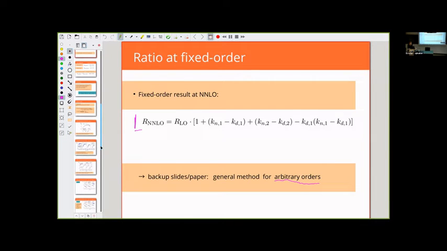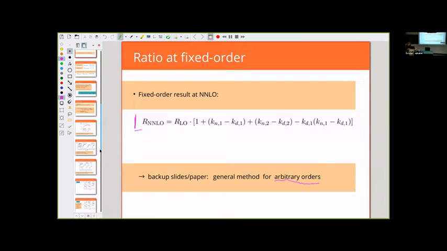When you take ratios, and we know this very well from cross sections with jet vetoes and so on, if you just do a scale variation, you typically get too small uncertainties. So I think this is a way to probe this. Do you understand this correctly, Markus?